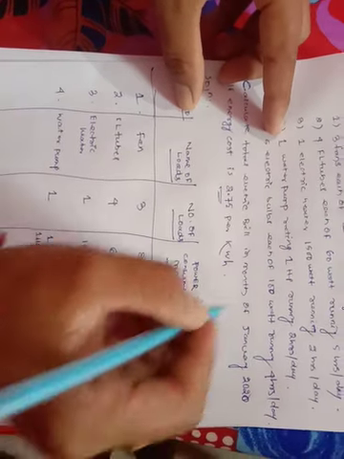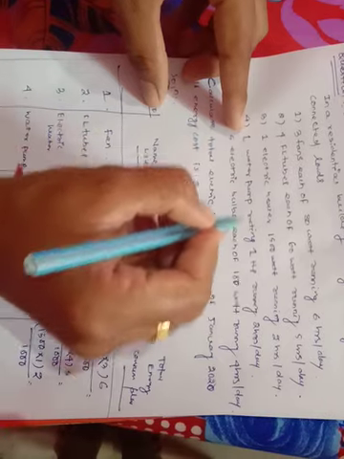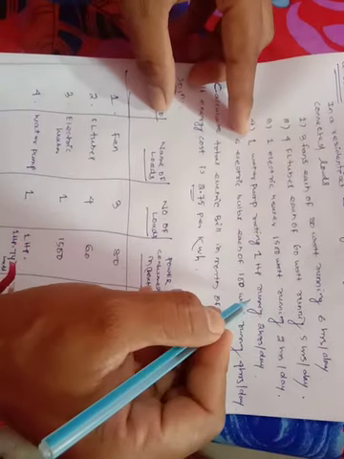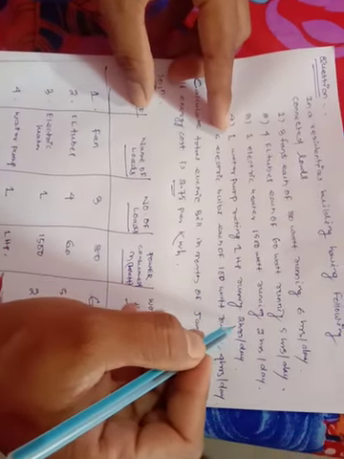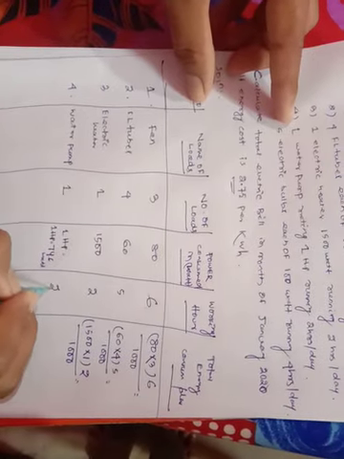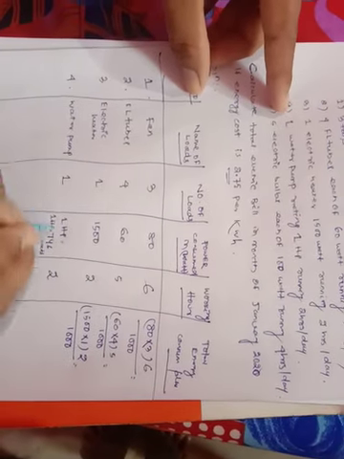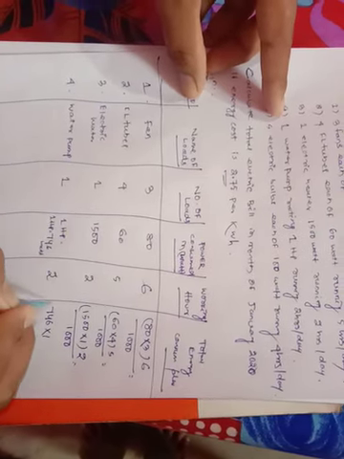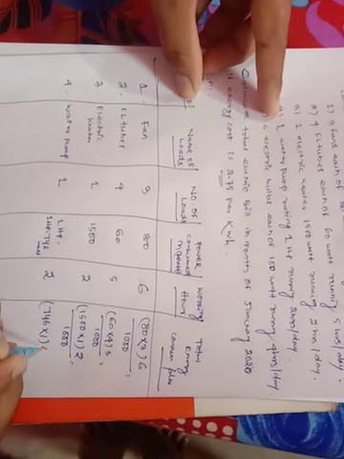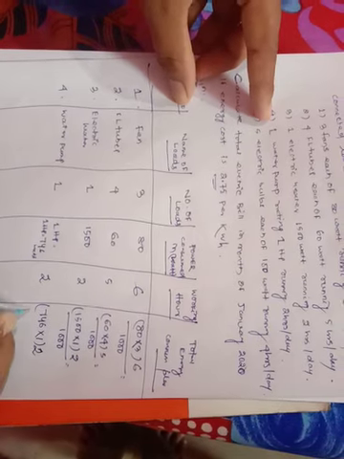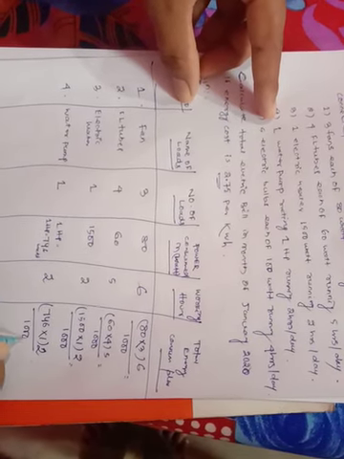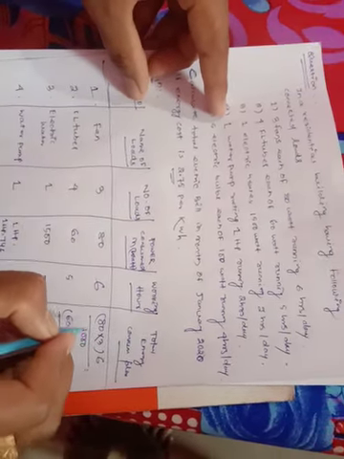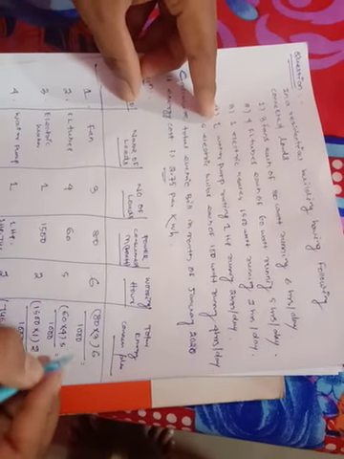Working hours 2, so 746 into 1 into 2 divided by 1000. And 80 into 3 into 6 divided by 1000.